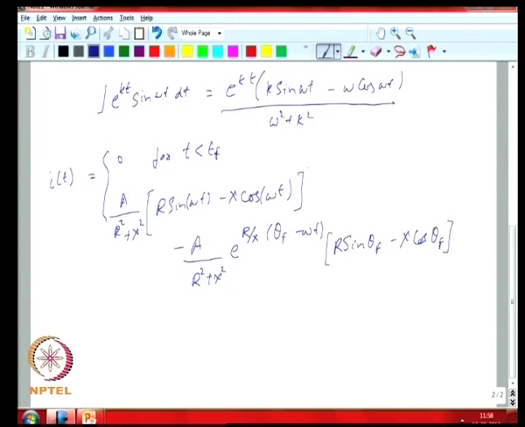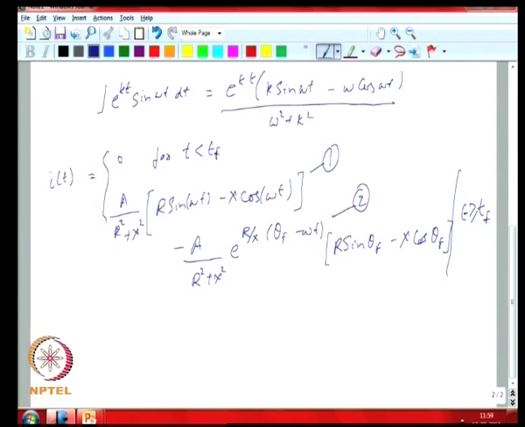So, if you look at this particular term, say the first term, this is the sinusoidal term, what you would expect normally when you excite an RL circuit with a sinusoid. The second term over here is an exponentially decaying term. So, that is the transient term. Okay. And this second expression is for t greater than or equal to Tf.